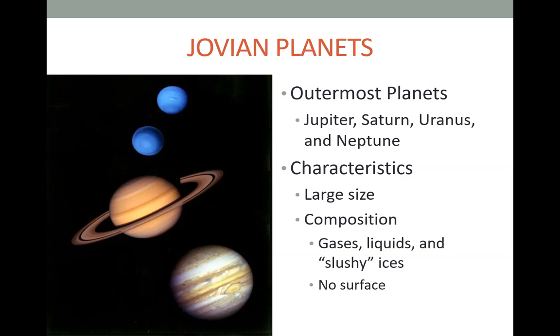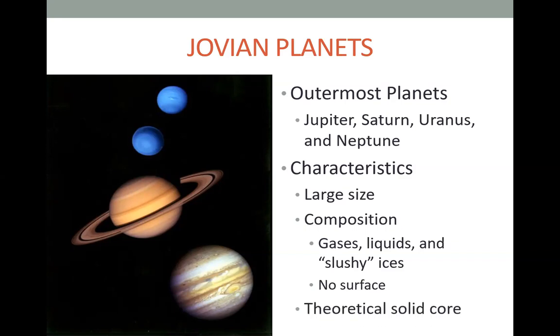But there's no such thing that can be done for Jupiter, for example. Jupiter has an atmosphere, and then its composition changes to that of a gaseous, liquid, slushy ice kind of texture that we'll talk much more about in detail in a couple of chapters. So it seems weird for a planet to not have a solid surface, but that's actually surprisingly common, as we'll talk about in future chapters with other planets, these foreign planets, exoplanets, when we get to that chapter.